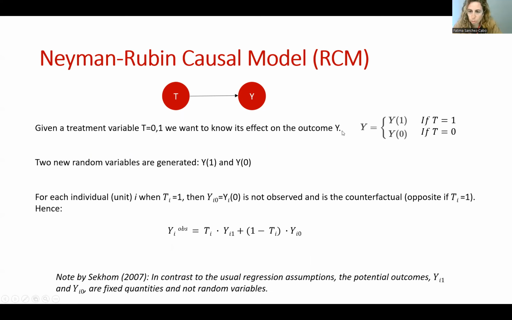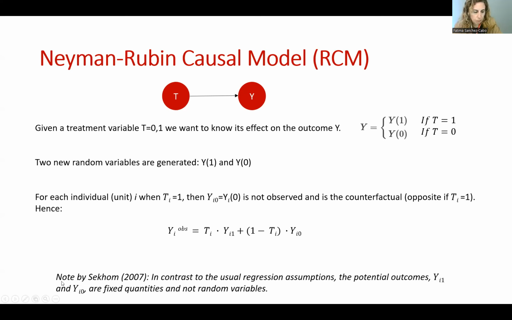The outcome can also be of any type, but in any case, we will get two random variables: the distribution of the outcome when the treatment takes a value of 1 and the distribution when the treatment takes a value of 0. As I said before, for each individual or unit, talking a little bit more in general, we can only observe one of the situations. We can express this mathematically like this.